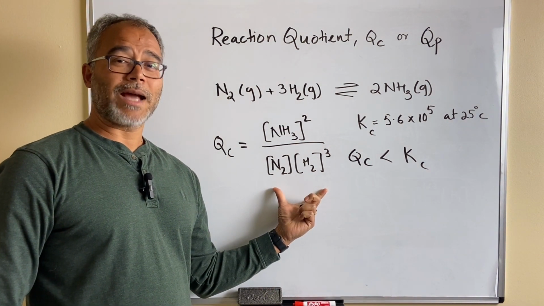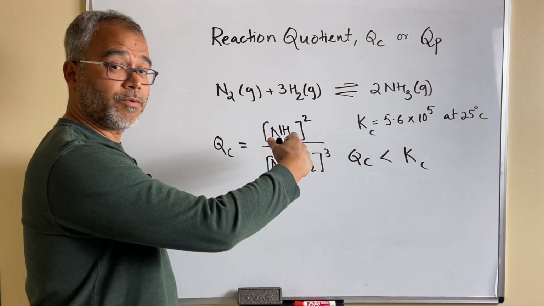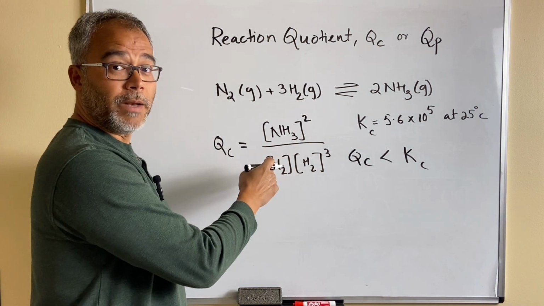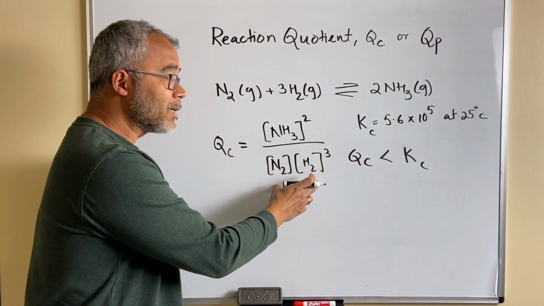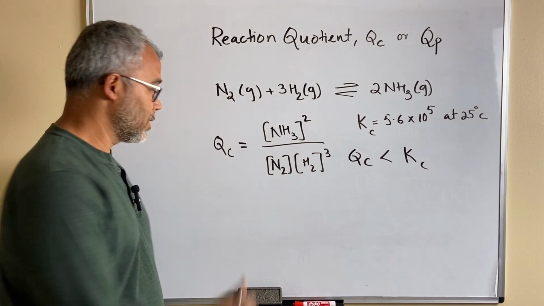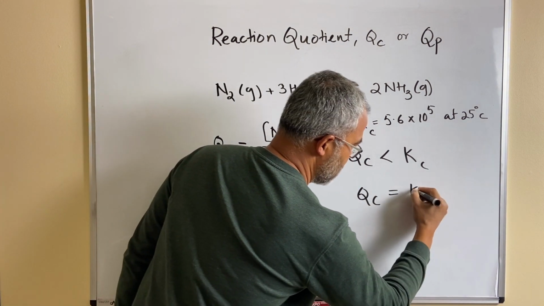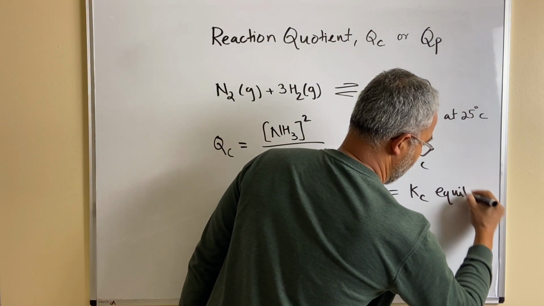So there's more reactants than you would expect. But as the reaction proceeds towards equilibrium, the reactants are going to deplete. So when equilibrium is reached, then the amount of reactants is going to be the exact same number you would have for the equilibrium constant. Therefore, when QC is equal to KC, then you are at equilibrium.